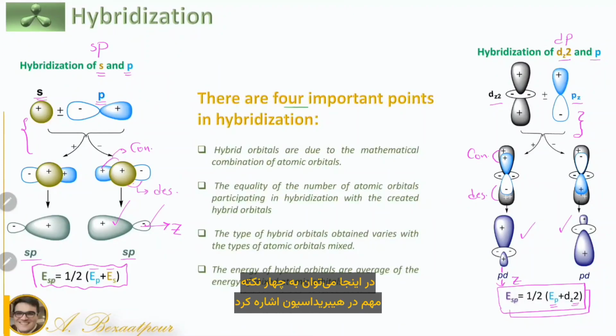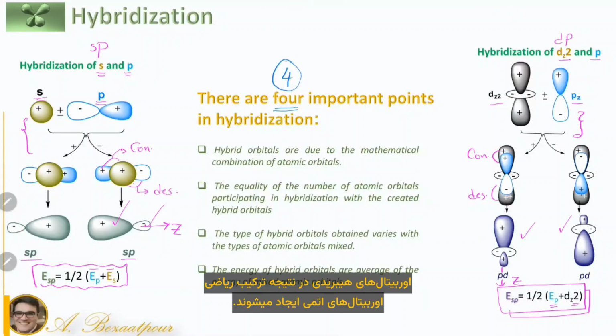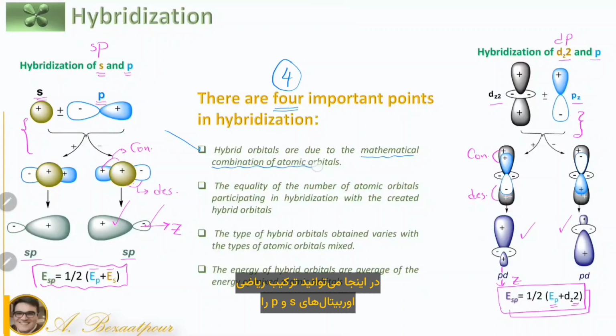Then here we can mention 4 important points in hybridization. First, hybrid orbitals are due to the mathematical combination of atomic orbitals. You can see here the mathematical combination of s and p orbitals on the left side and p and d orbitals on the right side.